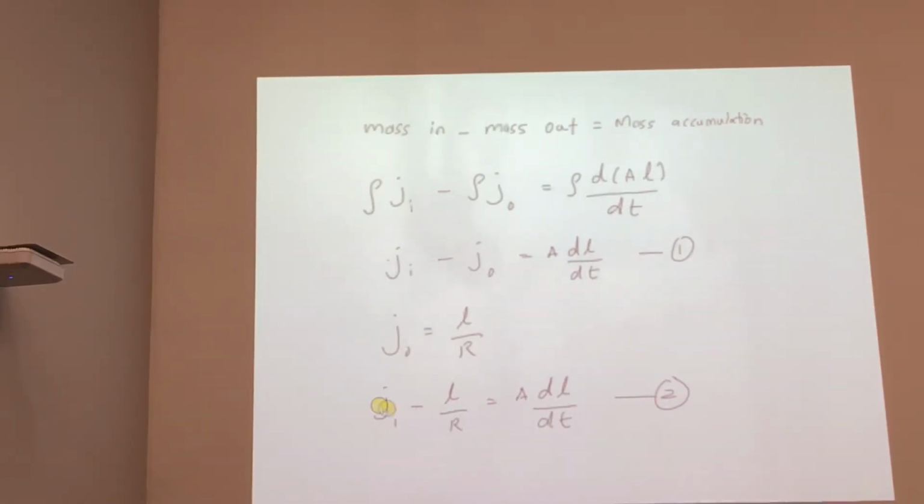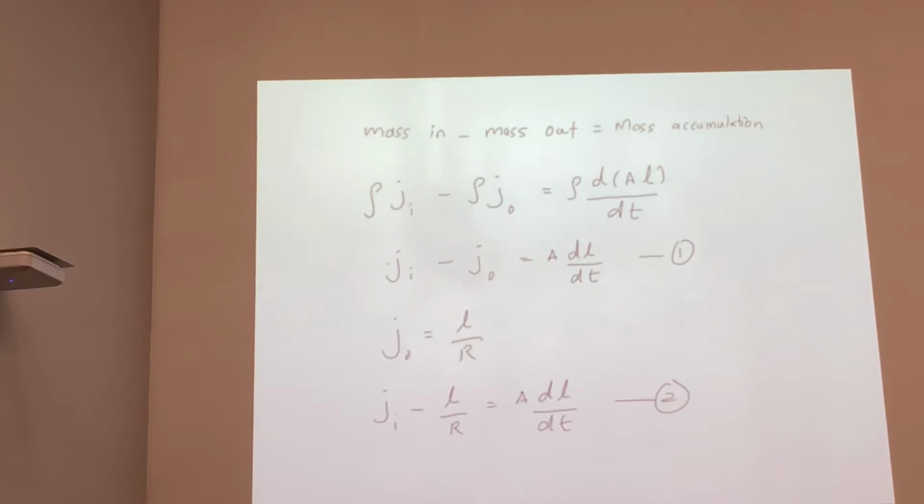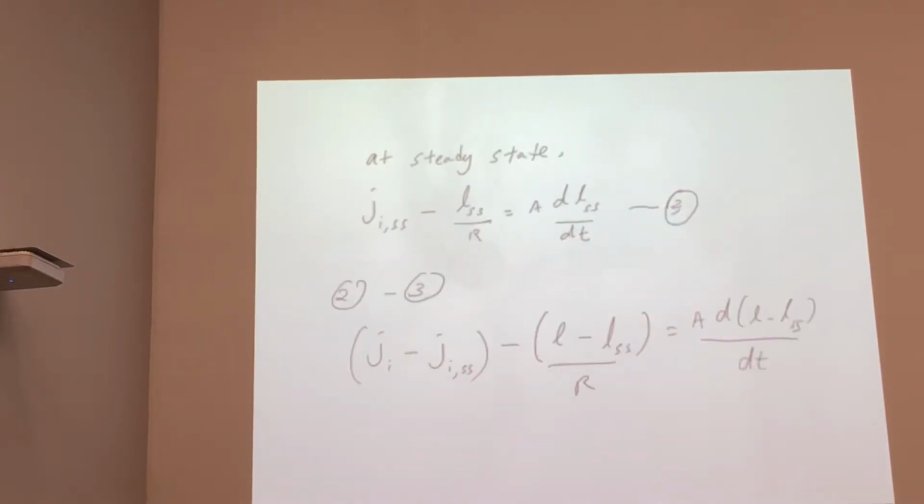If I wanted to introduce a steady state, I say the Qi now becomes Qi steady state. Level also becomes steady state. A is still the same, but my H becomes steady state. So I have another equation here.